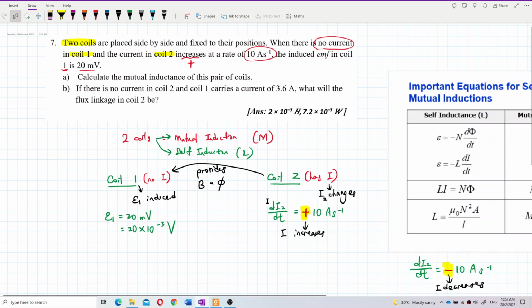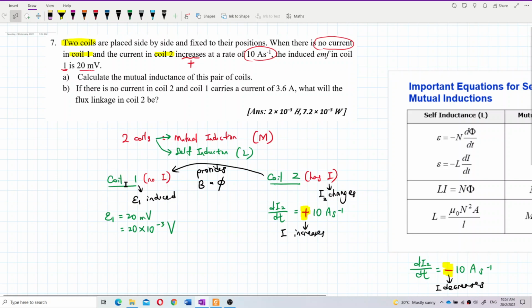So what happened is there is a change of current in coil 2. This coil 2 provides magnetic flux for coil 1, and because there is a change of current in coil 2, there will be a change of magnetic flux provided to coil 1.